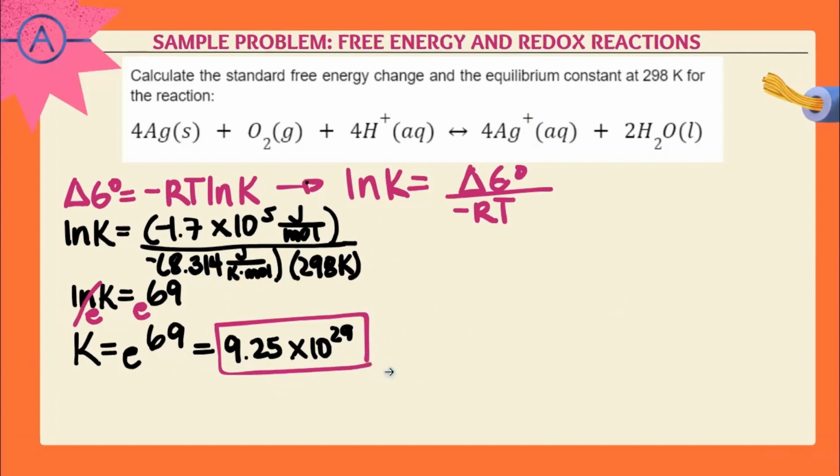From what we mentioned before, delta G is negative, the electric potential is positive, and K is greater than 1, so we can conclude that this reaction is indeed spontaneous.